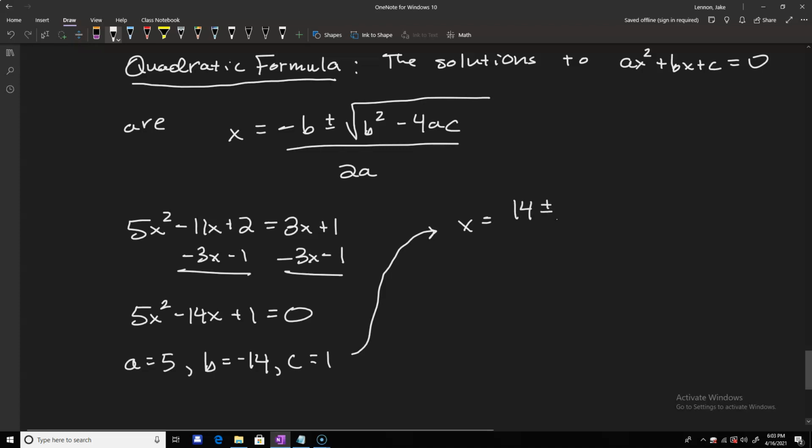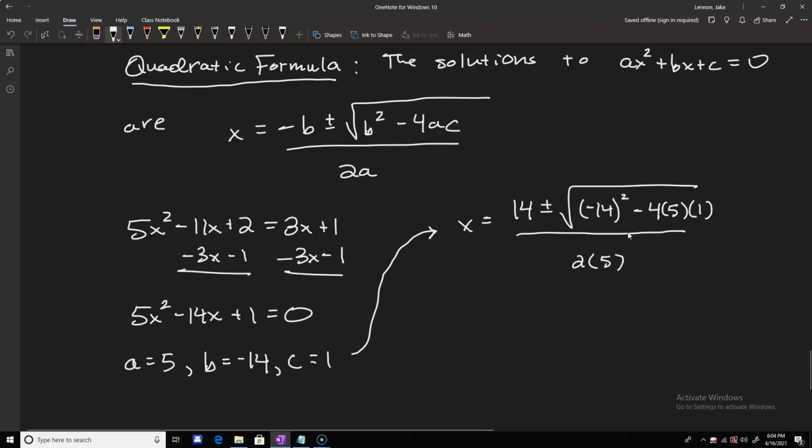And that's going to be plus or minus the square root of b squared, so negative 14. Remember, that needs to go into parentheses so that when you square it, it actually becomes a positive. And then we have minus 4 times 5 times 1. a is 5 and c is 1. And all of this is being divided by 2 times 5.